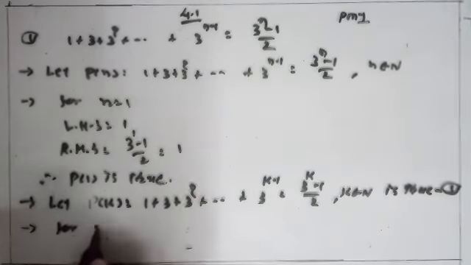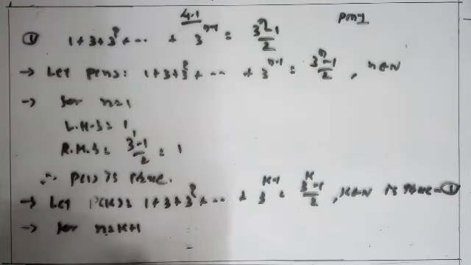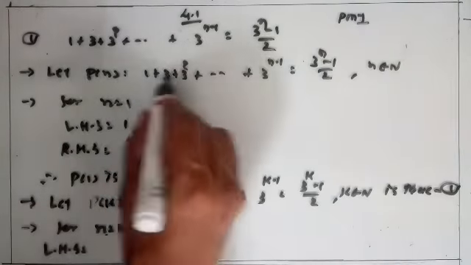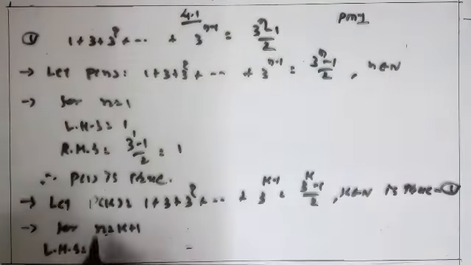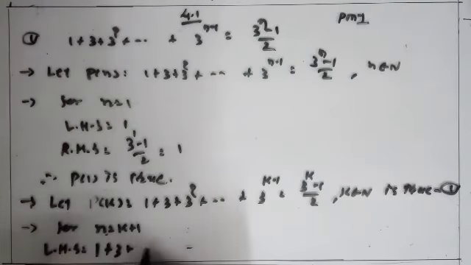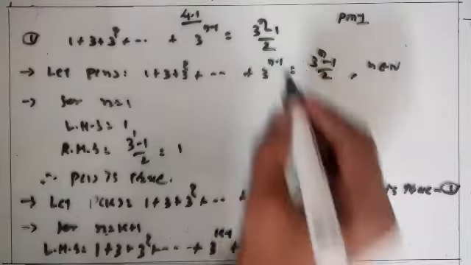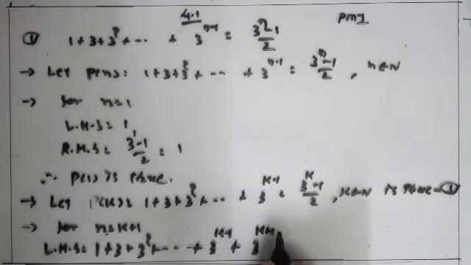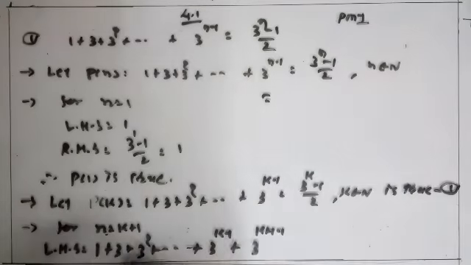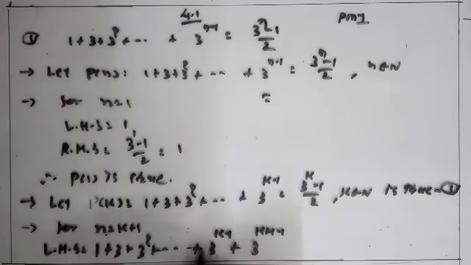For n is equal to k plus 1, left hand side LHS is equal to 1 plus 3 plus 3 square plus up to 3 raised to k minus 1, plus the last term, which becomes, replacing n by k plus 1, 3 raised to k plus 1 minus 1. Clear?